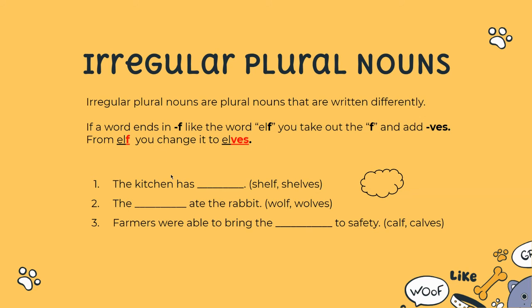And here you have some examples. Number one, the kitchen has blank, shelf or shelves. Which one is it? Which is the correct answer? If we're looking for irregular plural nouns, we have to look for the plural nouns, right?